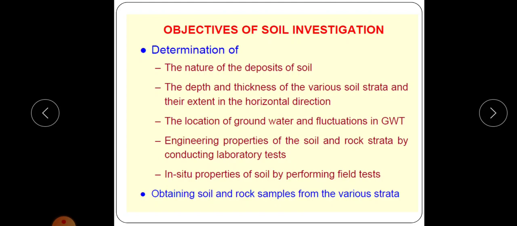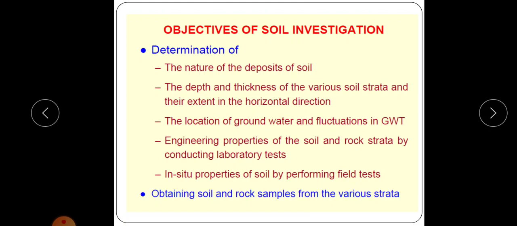That is, the soil distribution will not be uniform. There will be different soil layers, or the soil strata will be varying. So at that site we have to find the soil strata and the depth and thickness of various soil strata.